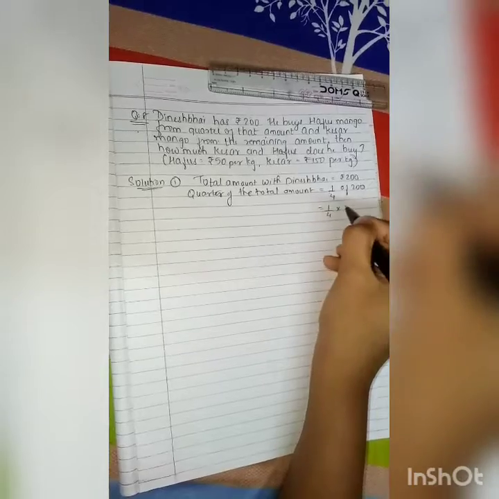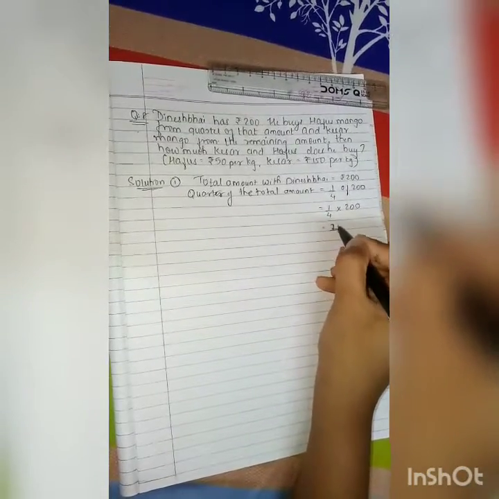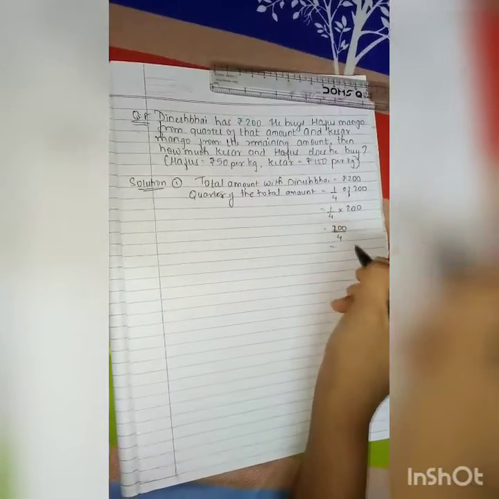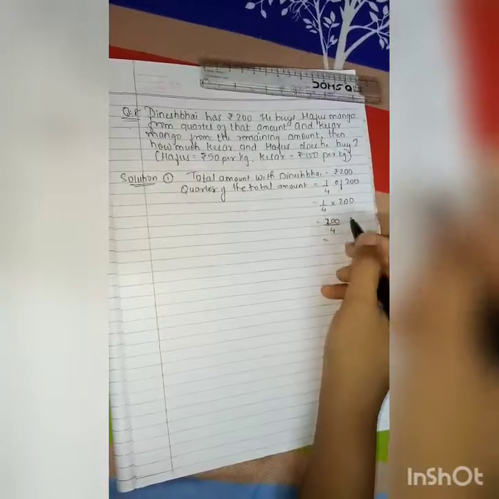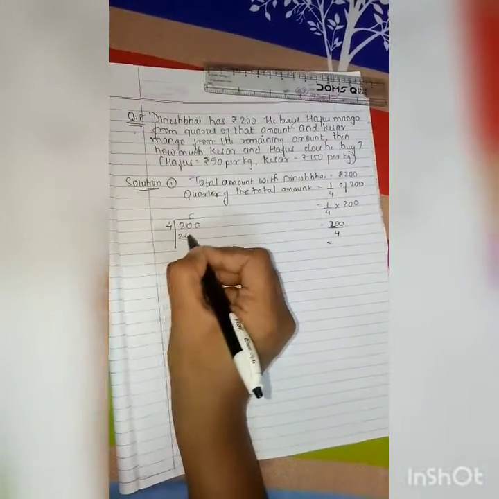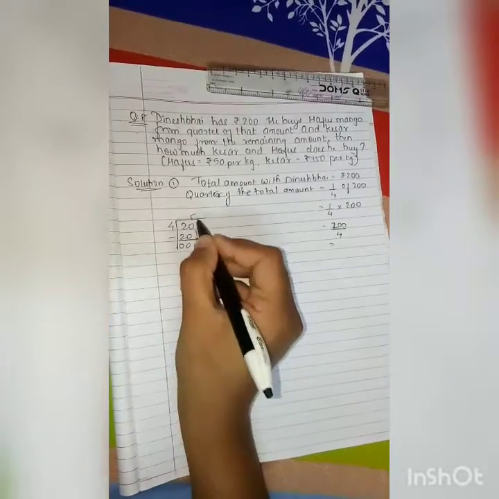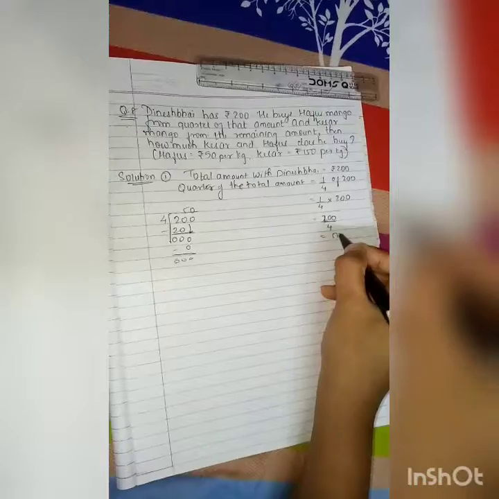So 1/4 into 200. So 1 into 200 will be 200 upon 4. Okay, 4 5s will be 20 and 0. Okay, if you don't know, we will divide. 4 5s are 20, 0 0, then we'll get 0 down. So how much we got? We got 50.